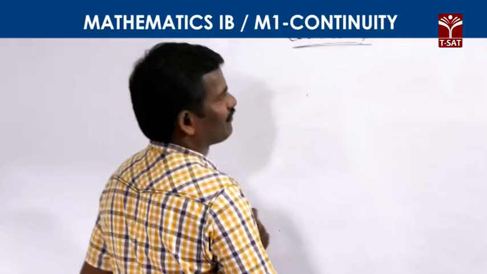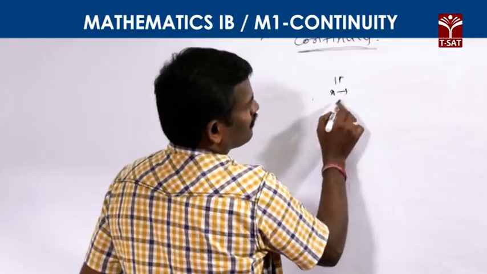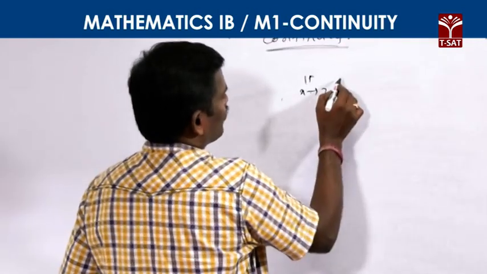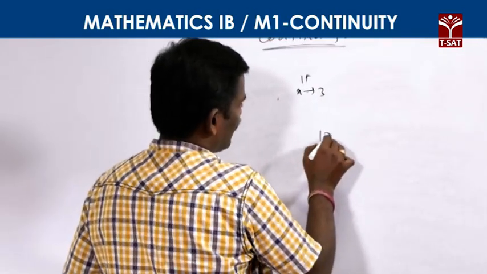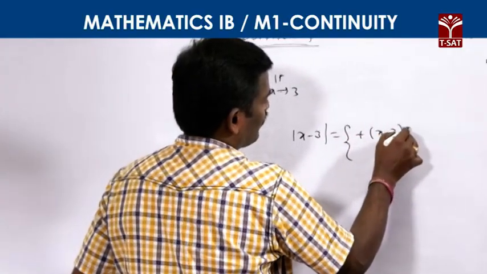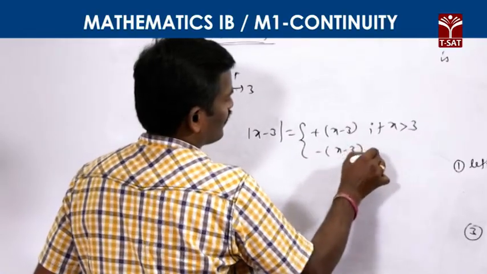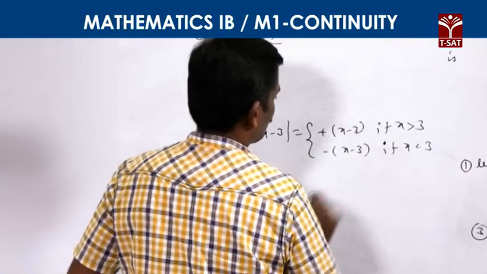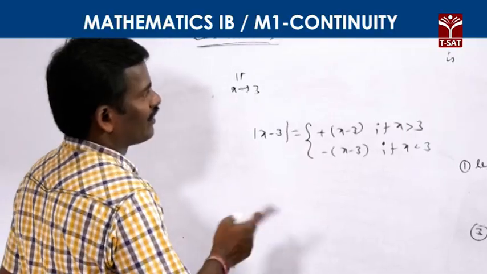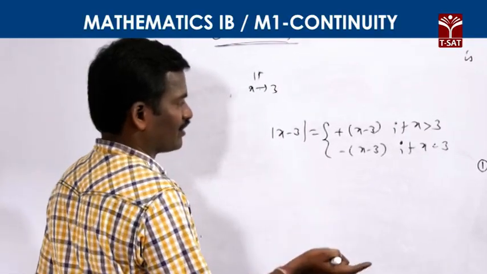We need to check the limit as x tends to 3. The definition of mod x minus 3 is: plus of x minus 3 if x is greater than 3, and minus of x minus 3 if x is less than 3. So we need to check the 3 plus and 3 minus cases, left continuity and right continuity.